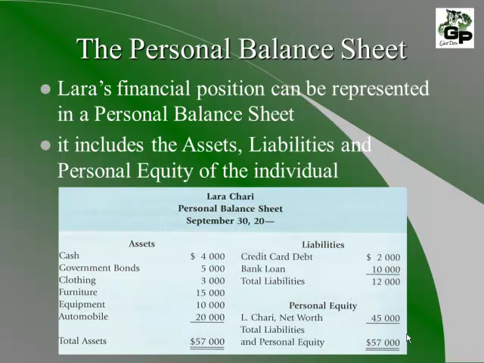Also, please notice that the total assets is on the same line as total liabilities and personal equity. So in some cases, if we have a big gap because there are more items in the assets or more items in liabilities and personal equity, we still have to match up the total asset total with the total liabilities and personal equity total.